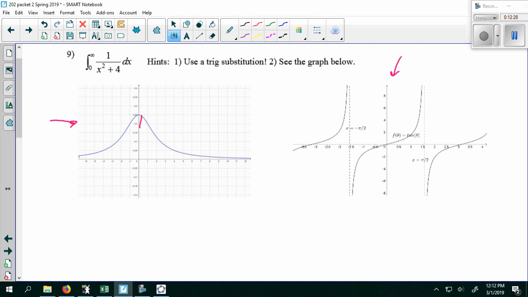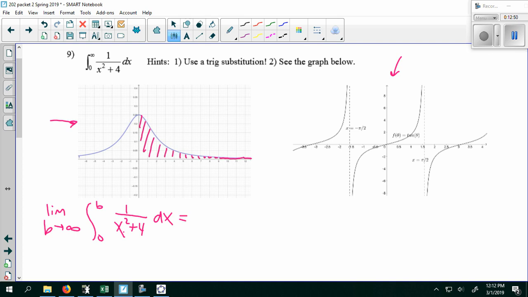I want the integral from 0 to infinity, the area under this curve. The only problem here is the infinity. So I have to integrate from 0 to b of 1 over x squared plus 4 dx, and take the limit as b goes to infinity.